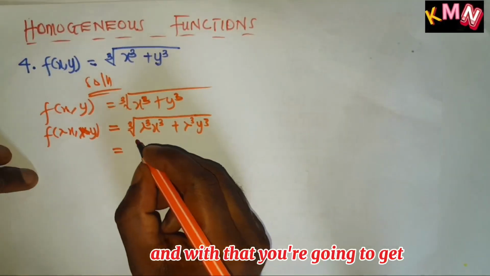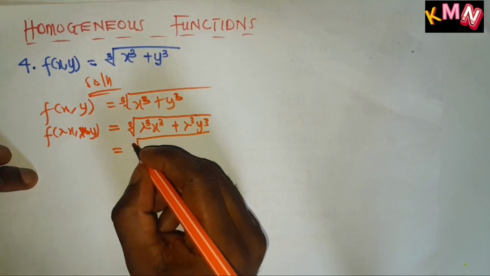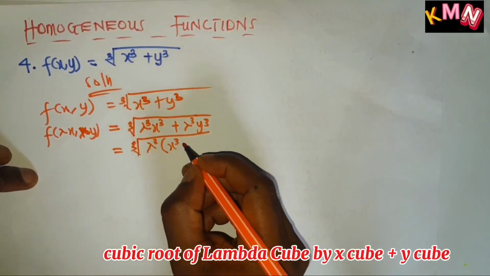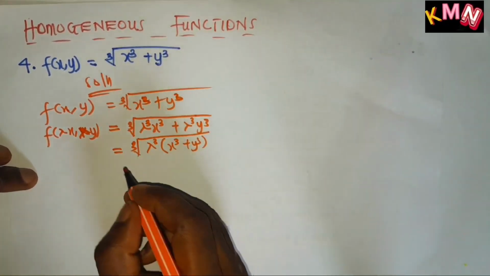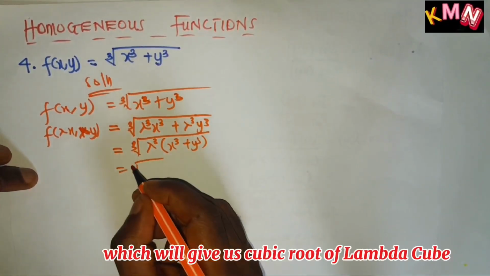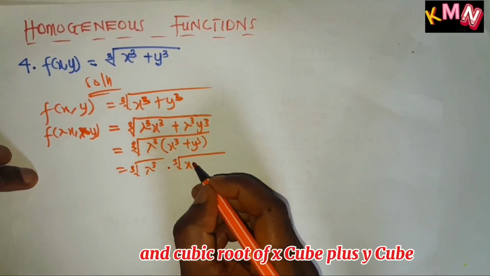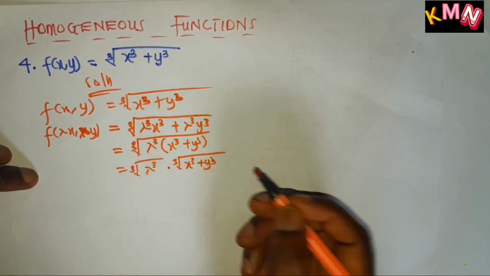And with that, we are going to get the cube root of λ³ times (x³ + y³), which will give us the cube root of λ³, then the cube root of x³ + y³.